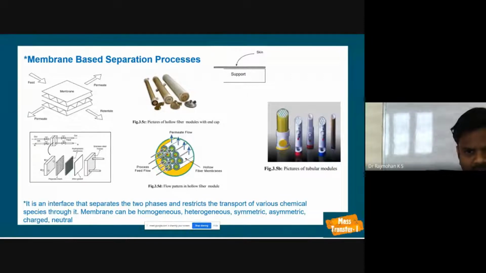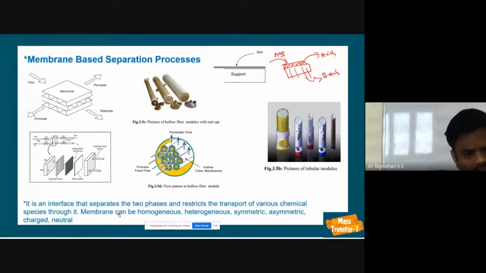We have a thin layer, which will be supported on something, and you will be sending a mixture of A plus B. It will retain an A-rich component, and B-rich fluid will be passing through it. Essentially, a membrane is an interface that separates the two phases and restricts the transport of various chemical species through it.